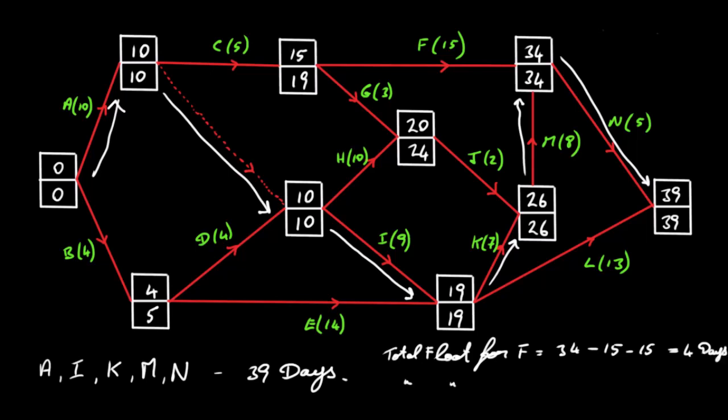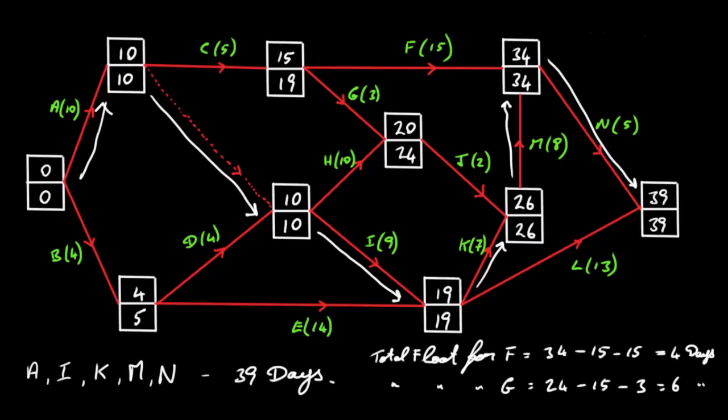The total float for G then, so let's see, where is G? G is along here, so we're going to take 24, subtract 15, subtract 3. So it's going to be 24 minus 15 minus 3, and that'll give us a total float of 6 days.